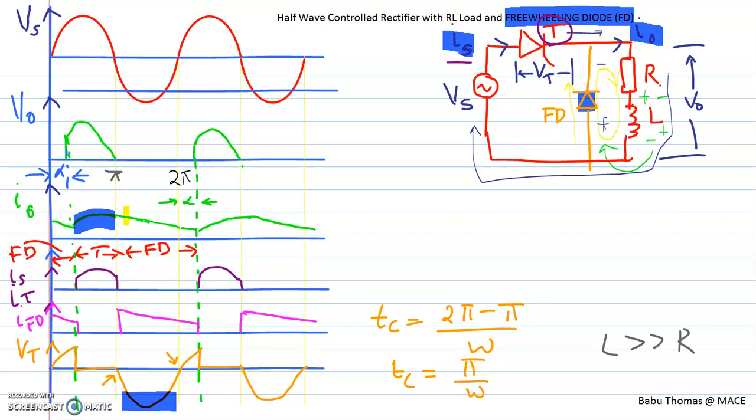During this particular period, whatever energy is stored in the inductor is returned back and gets dissipated in your resistance R. Now we will be moving on to the analysis of the system. That is how we can write down the output current equation and output voltage equation when it is in the conduction mode and also during the freewheeling mode. Okay, thank you.